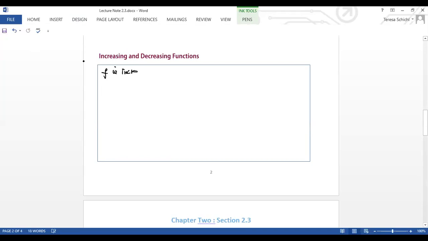So if f is increasing on an interval I, if f of x1 is less than f of x2 whenever x1 is less than x2 in I, that means anytime you choose two values in this interval, then x1 always has to be less than x2 if this is the increasing function.